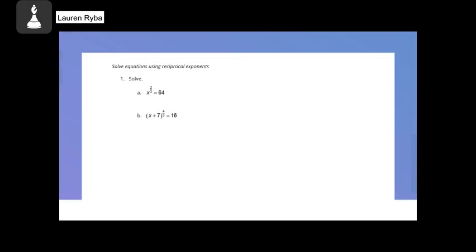Our first problem says x to the 2/3 equals 64. The way we solve these is by using the reciprocal power. So I'm going to do the 3/2 power to both sides.